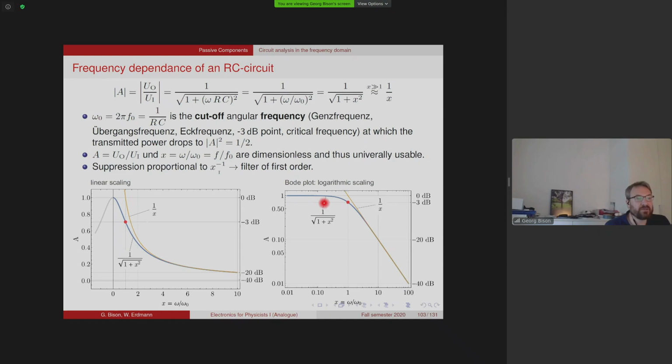And then it drops off. This 1 over x function in a double logarithmic plot becomes a straight line. You see that we approach this straight line, and for larger frequencies, it drops off as 1 over x. A drop-off proportional to 1 over x, the first power of x, is called a filter of first order.